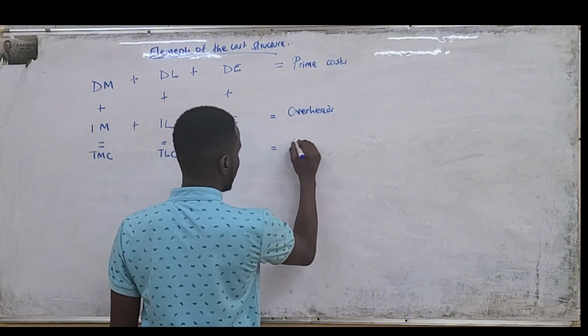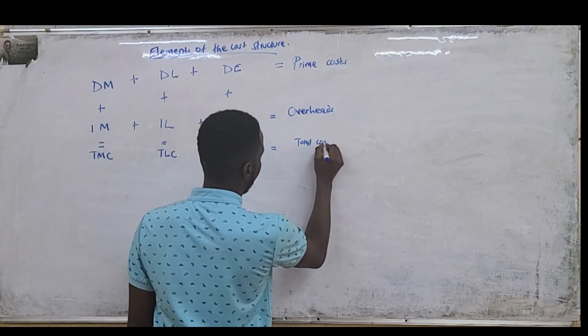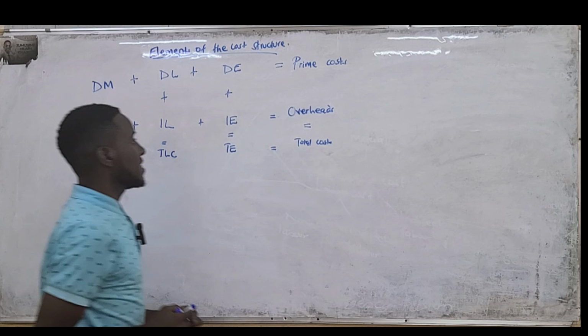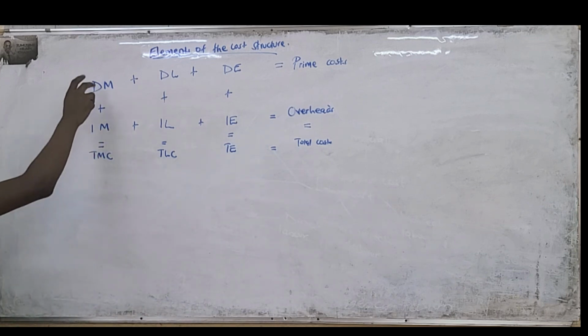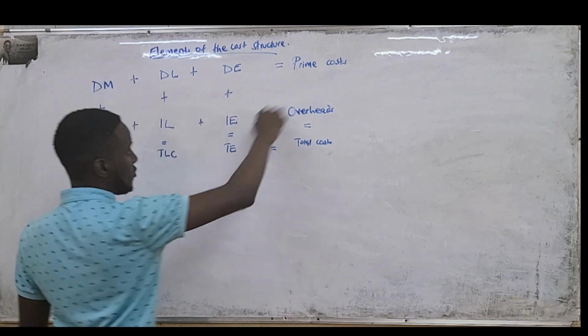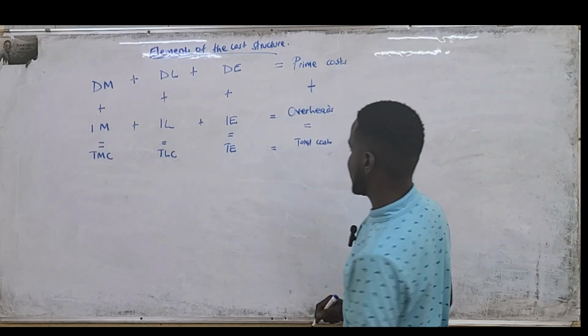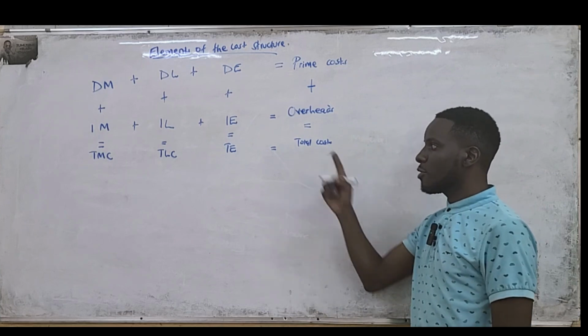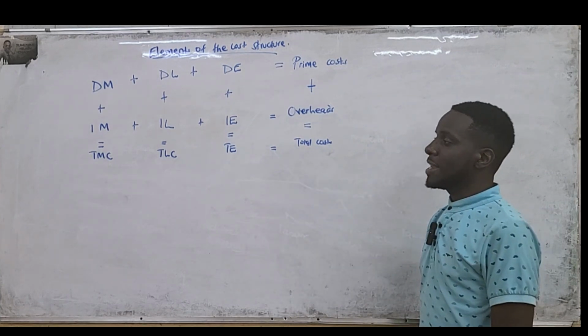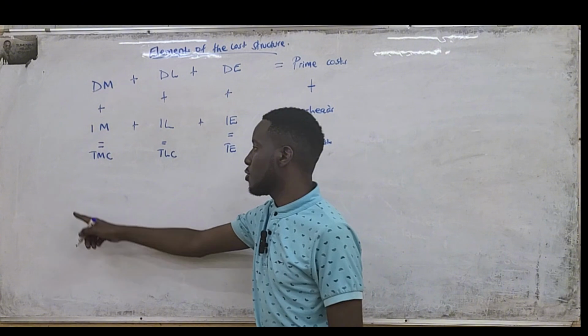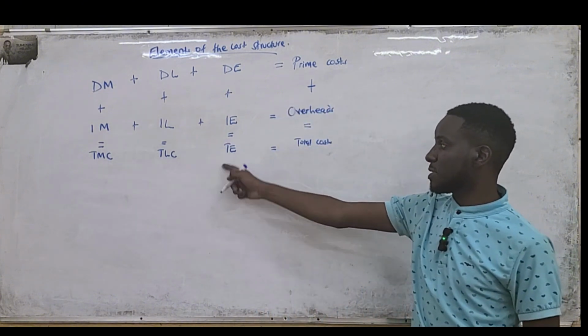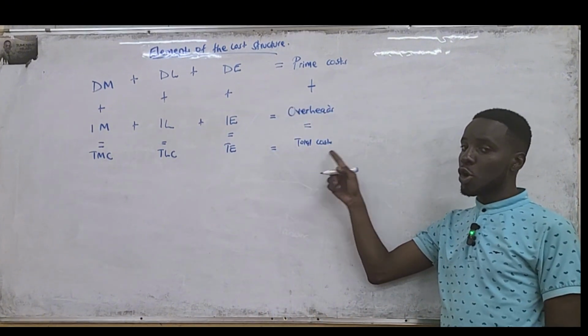So both of these will give us total costs. When we go this way, you're going to get our prime costs. Now, our prime costs plus our overheads give us total costs. If you choose to go this way, you get total material cost plus total labor cost plus total expenses. It will still give you total costs.